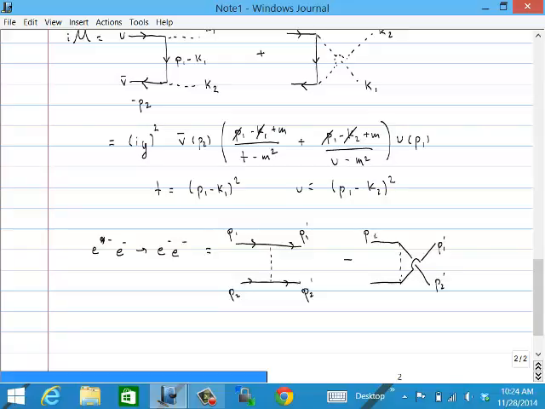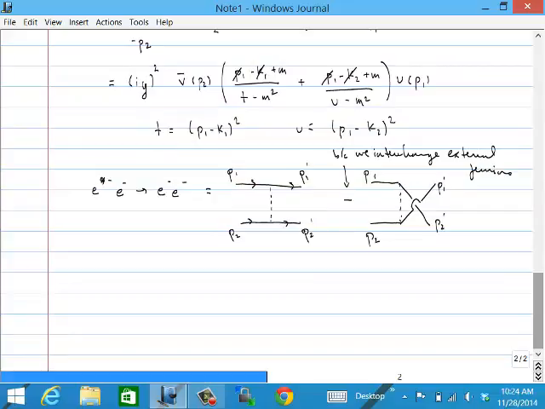And that occurs with a relative minus sign because every time you interchange two external fermions, you get a minus sign because they anti-commute. The important thing to notice about this, which makes it a little more subtle than the diagram that we wrote down above, is that here we have two separate lines. Okay, we have two different lines, so they're going to be two different spinor contractions.